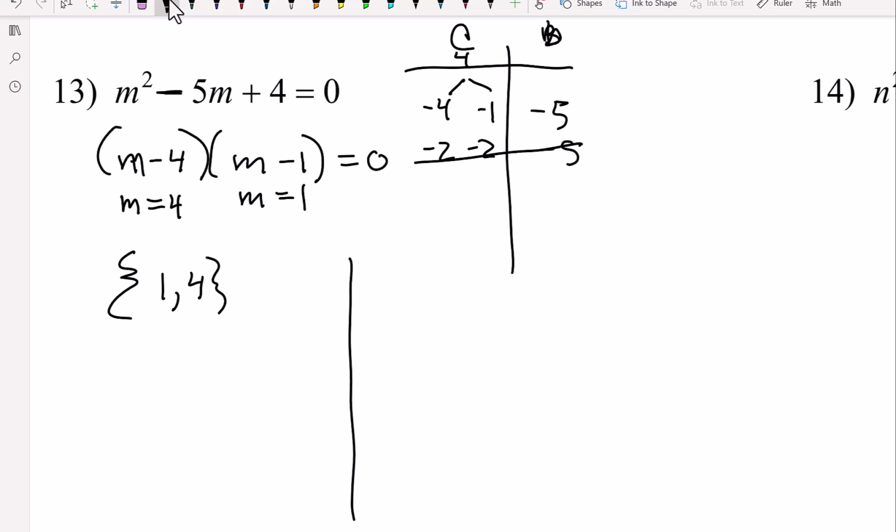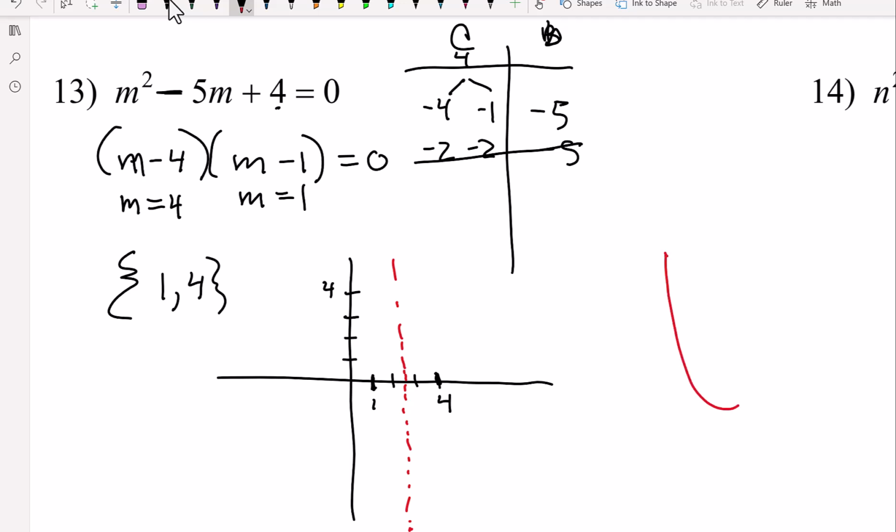And then if I were to graph this, we're going to touch on the y-axis at positive 4. So 1, 2, 3, 4. And then halfway between 1 and 4 looks like it is 2.5. So that's where the axis is, where a parabola is split in half and it's symmetrical. All of these heights are going to be the exact same heights as on the other side.